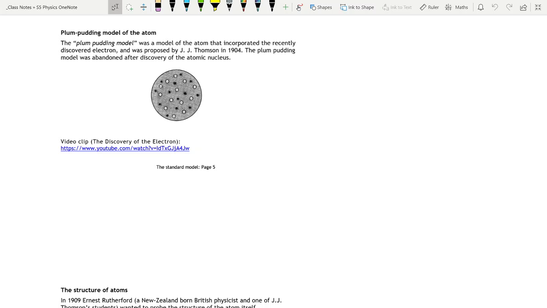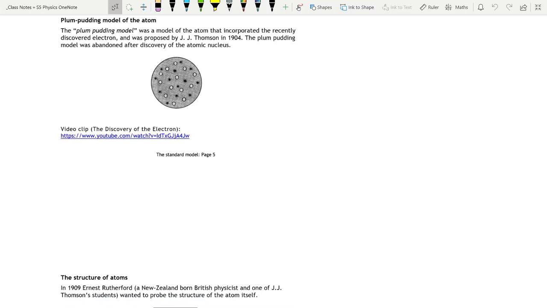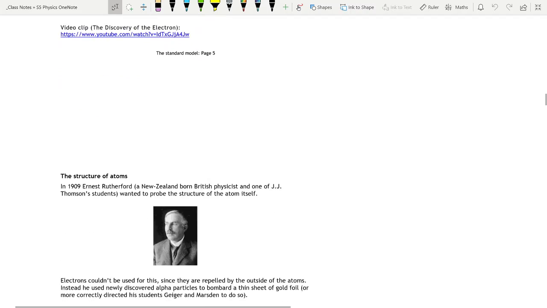That was the model of the atom that incorporated the recently discovered electron, and it shows electrons just in amongst the other particles inside the atom. But we now know that electrons aren't in the same place as neutrons and protons. We know that electrons are around the outside, okay?